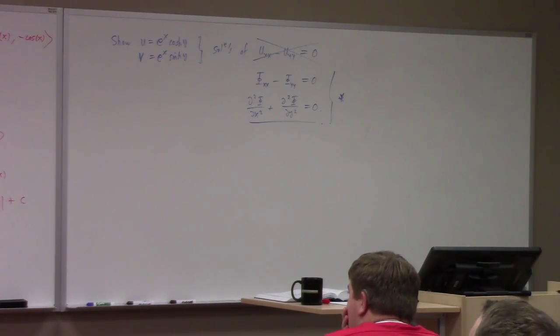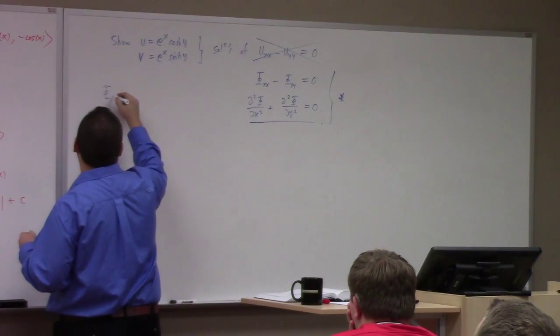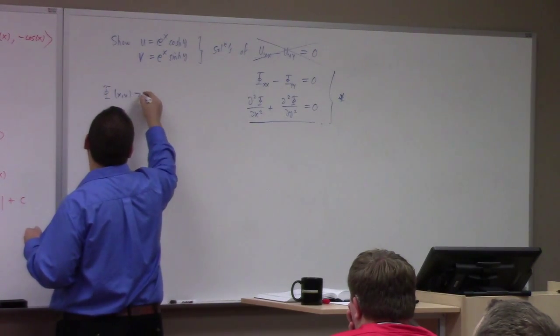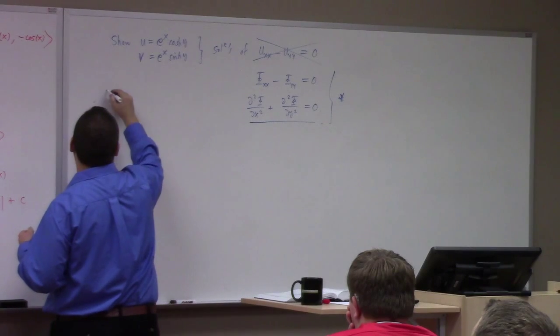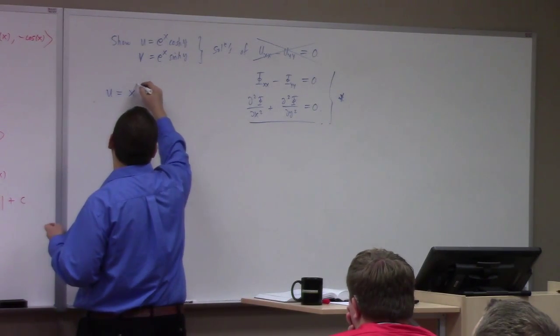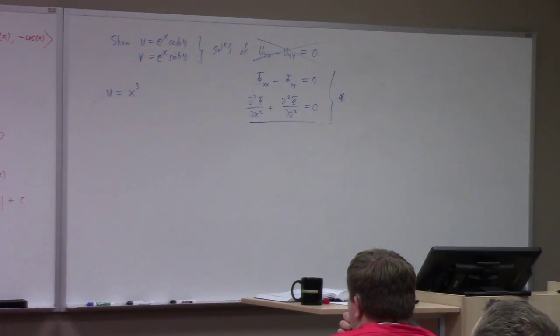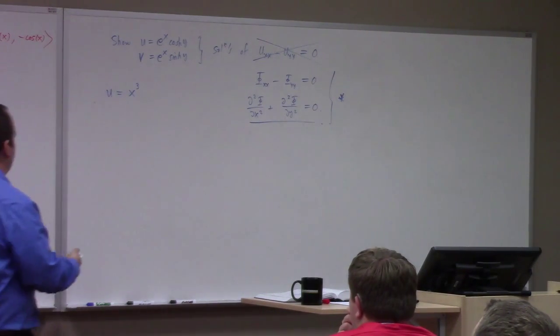For example, here's something that's not a solution. If I was to say u is equal to x cubed, suppose I was to say that. That would not be a solution, right? Because if I calculate the second derivative, I get what? With respect to x or y.